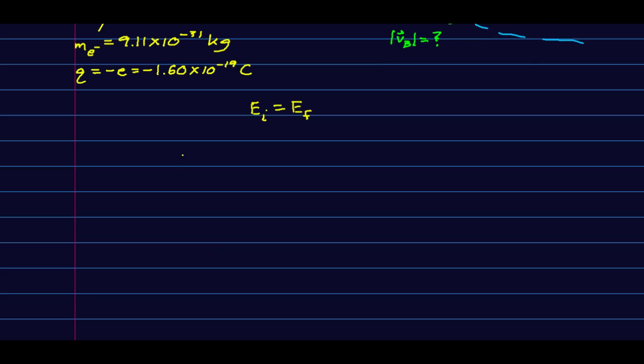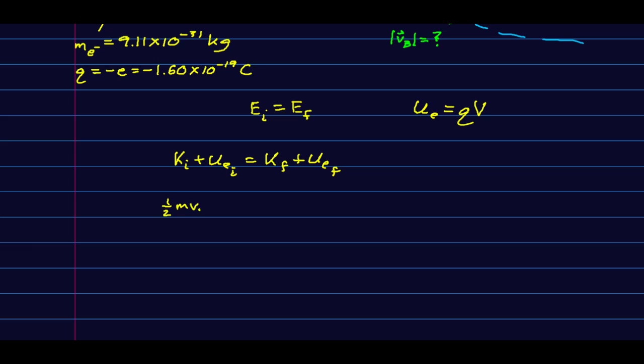So here we go. We have our initial kinetic energy plus our initial potential energy equals all the same stuff final. And we know that our U's are all QV's. Right? But Q is just negative e, so let's expand this out using that.